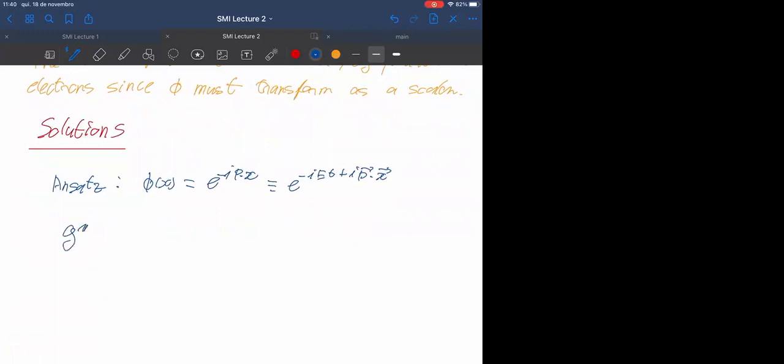So we put g mu nu d mu d nu of e to the minus i p alpha x alpha. In fact, it's mu here. I put the dot there, but it's okay. Plus m squared e to the minus i p x mu equal to 0. When you solve this, you take the derivatives, or you just pass the derivatives into momentum space, and you get g mu nu.